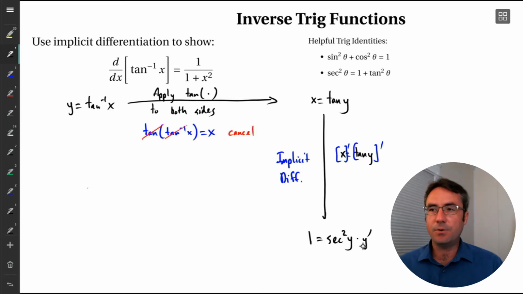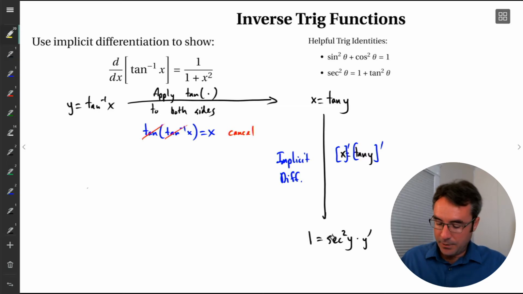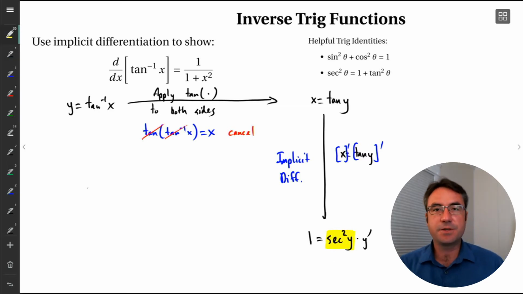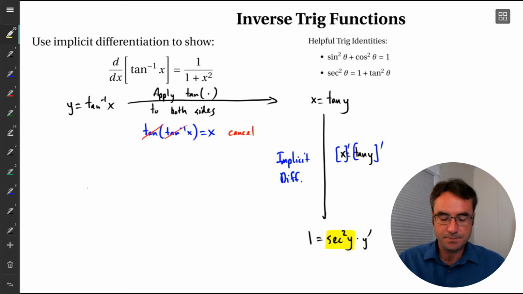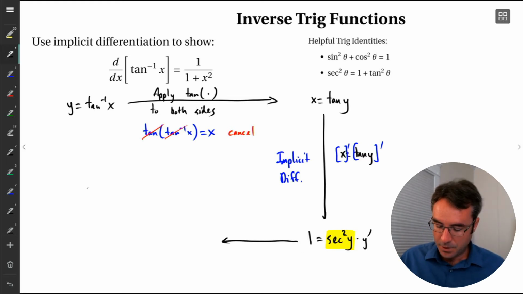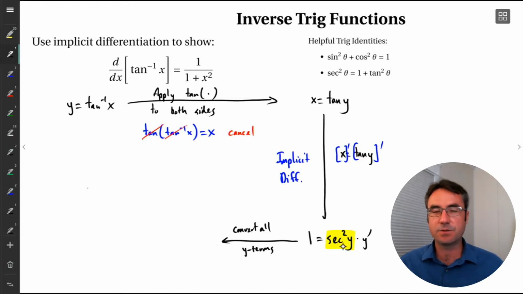All right, so now this is pretty good, but we want to actually convert our y terms. That's the next portion of this. We want to convert all y terms back to x. So we want to get rid of this secant squared of y and write it as some function involving just x's.